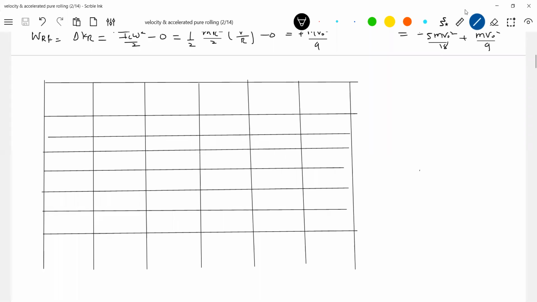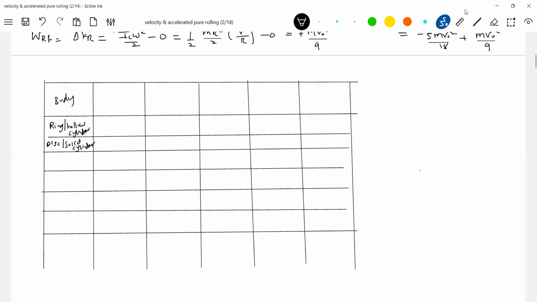What I suggest, there's a rigid body: ring or hollow cylinder, both are the same, m r square, m r square. Then disk or solid cylinder, both will be the same.